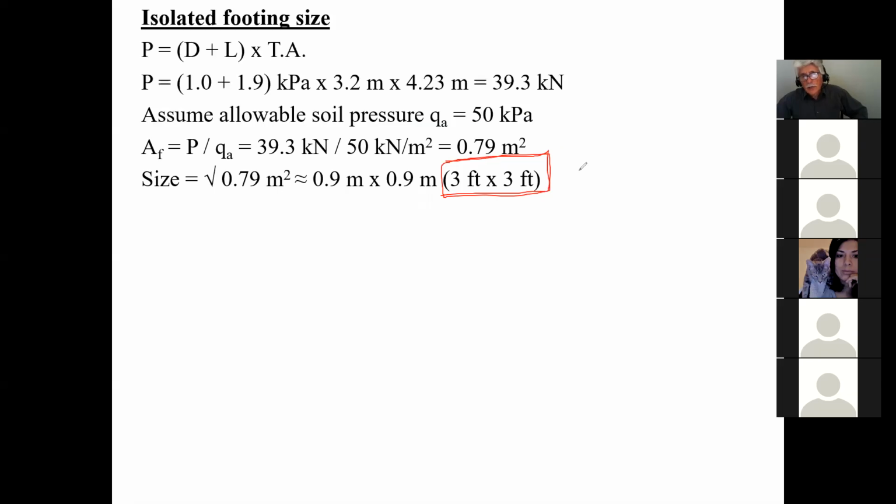Like I said, I don't know the thickness. I haven't designed the footing yet. But if I wanted to, I can see if I can design this footing without any reinforcement. The standard thickness that we have in residential, because the loads are so light, is usually about 10 inches.